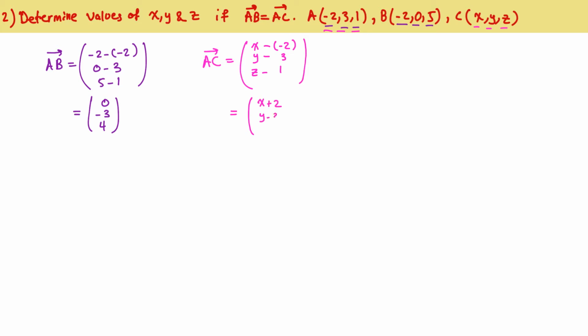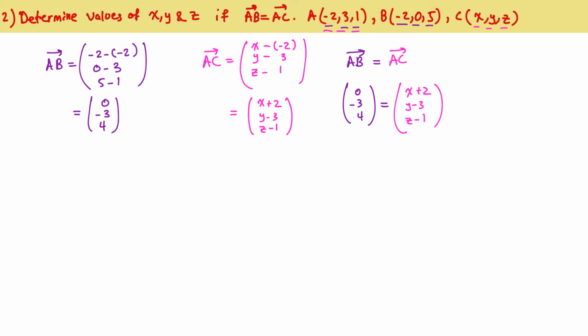I got y minus 3 and z minus 1. We know that vector AB is equal to vector AC, meaning that 0, negative 3, and 4 is equal to x plus 2, y minus 3, and z minus 1.